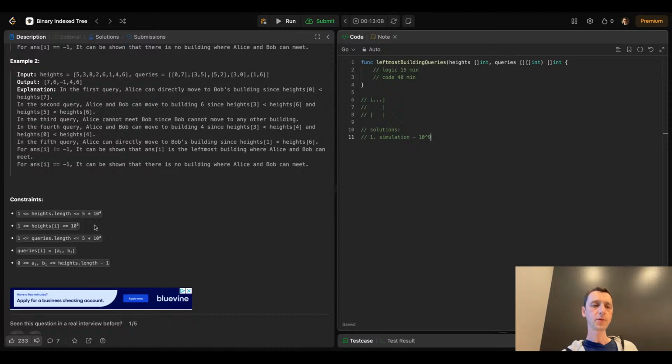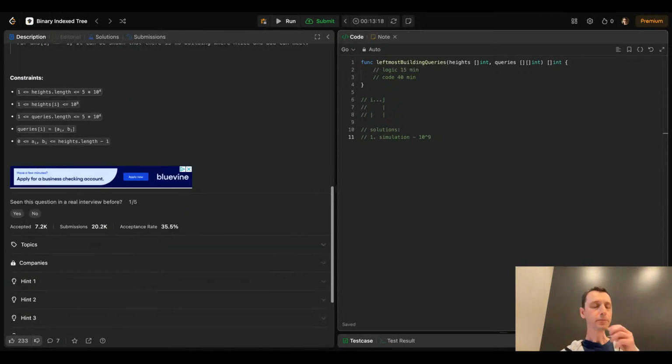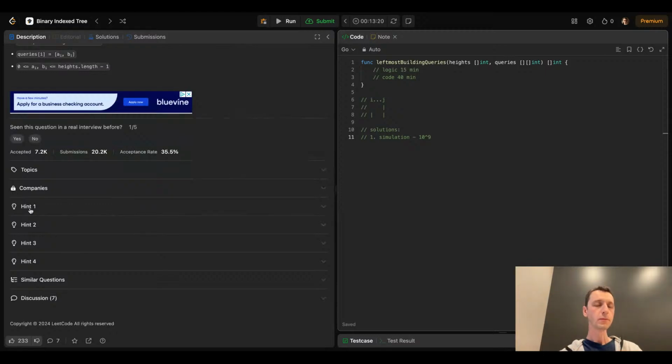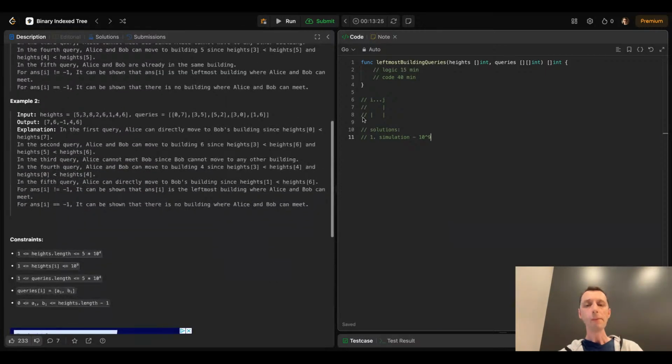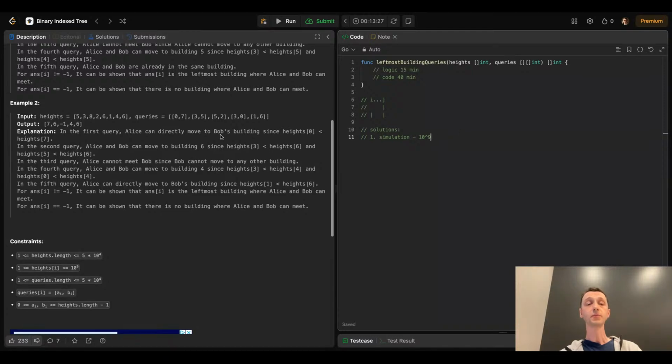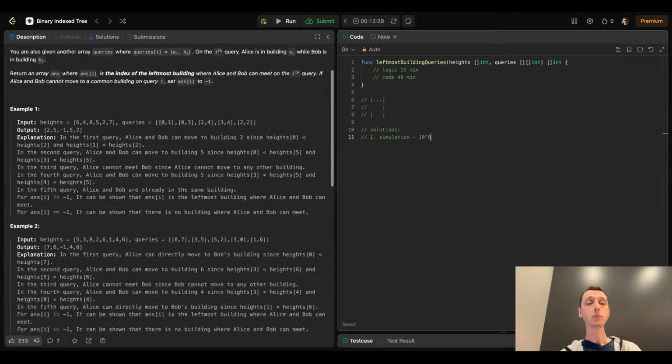So heights could be up to 1 billion. Wow, there are so many hints. So that's brute force. Can we do a bit better than that?